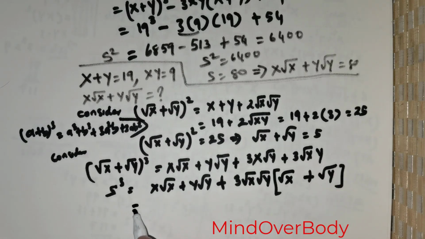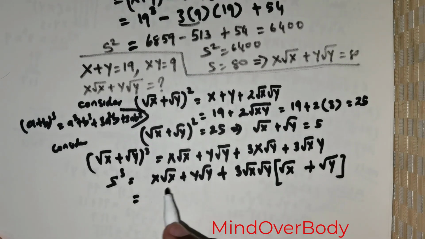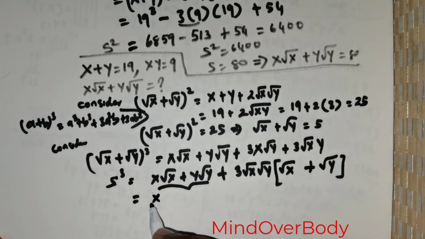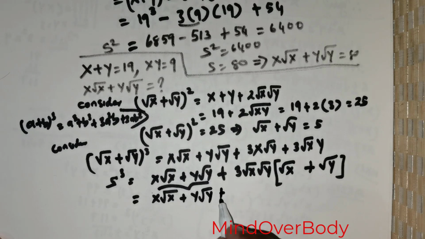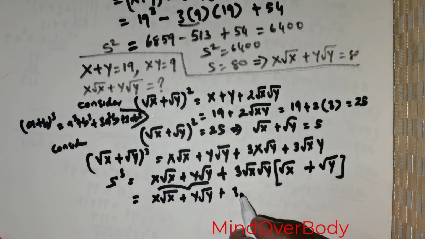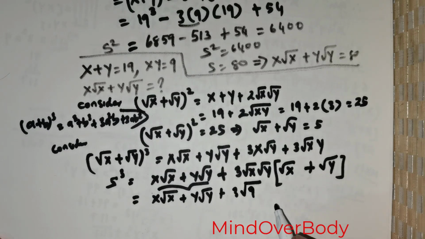So this is equal to, now I'm not going to touch, in fact this is our quest. So x times root of x positive y times root of y positive 3 times, this is going to be root of xy, right? But xy is actually 9. So we are actually finding the root of 9 for this, right?